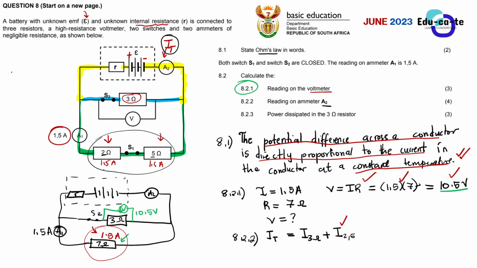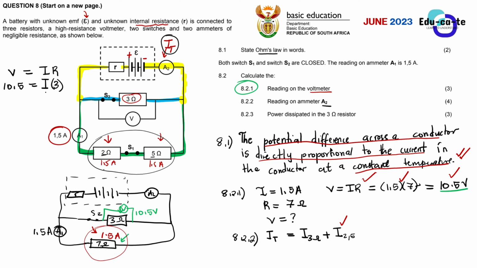Since I don't have space here, I'll just write here and say that, remember that V is equal to I times R. And we know that the voltage through this 3 ohms resistor is 10.5 volts. We don't know the current, that is what we are looking for. And then we know the resistance of the 3 ohms resistor, it is 3 ohms.